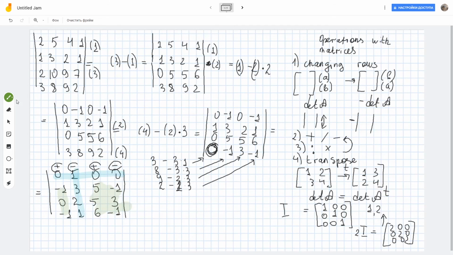So why only this matrix? Just because the others are zeros and we will get 0 if we multiply them by something. So, and we have to find the determinant of this 3x3 matrix, which is highlighted with green color.